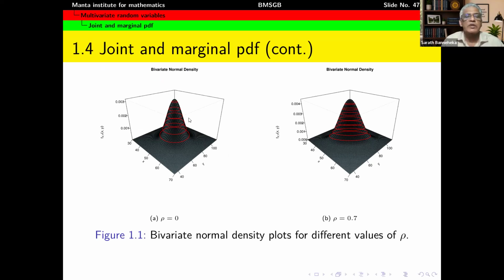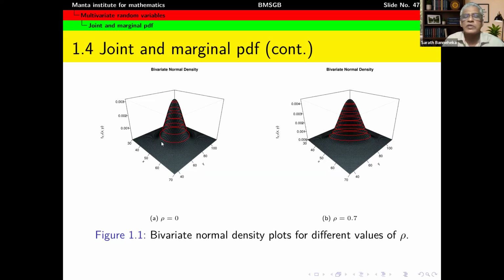So you can see that when rho is equal to 0, these contours are the lines where there is equal height of the density function, right? You can see that the contours are circles here, but on the other hand, contours are ellipses here, right? So that is the main difference between the joint densities of a bivariate normal distribution depending on the value of rho.